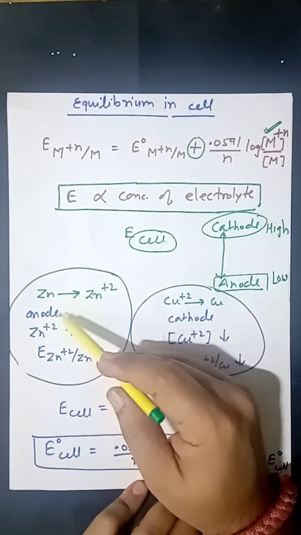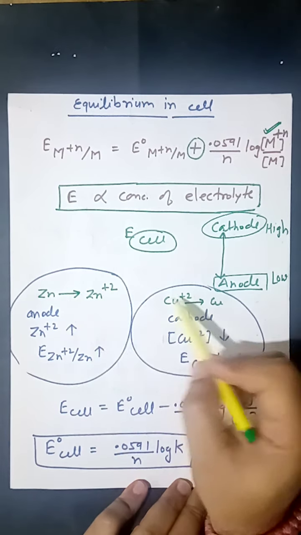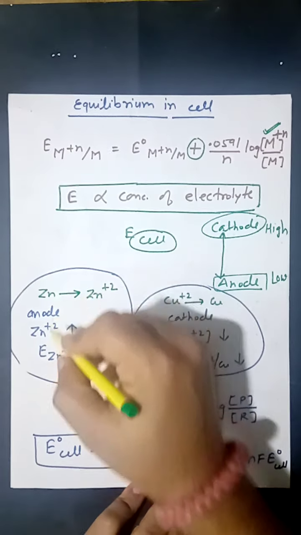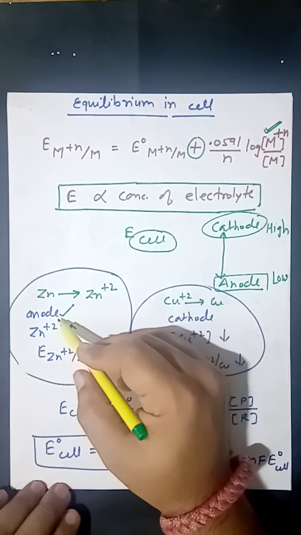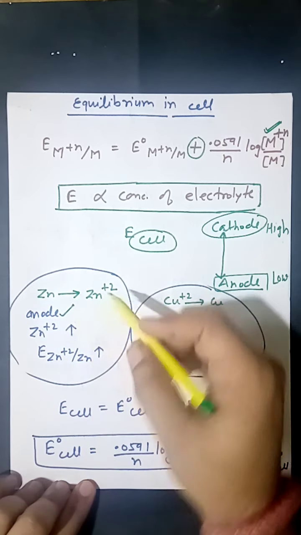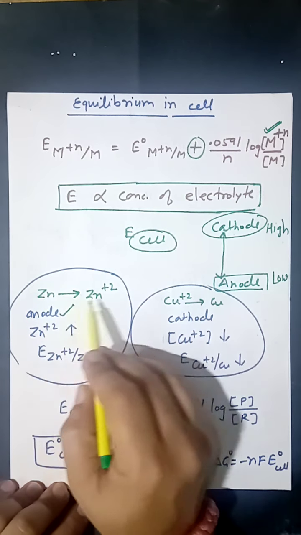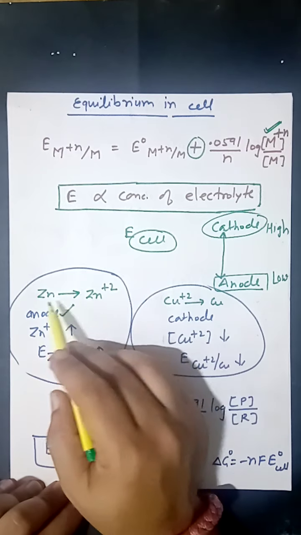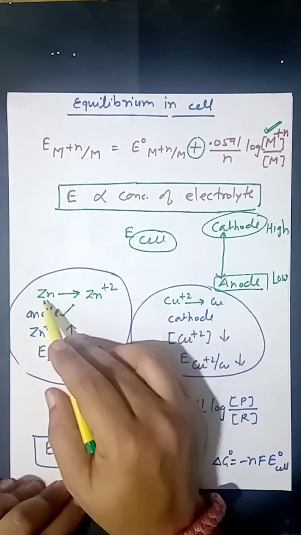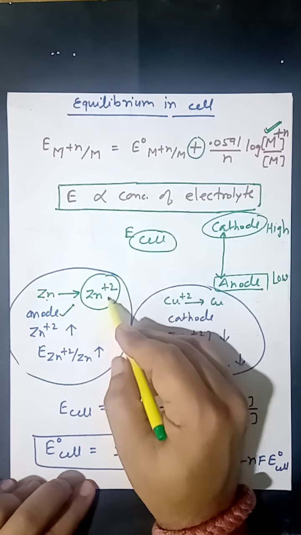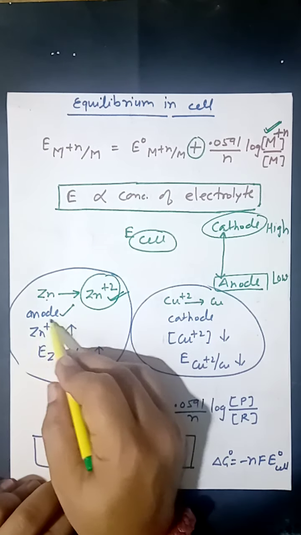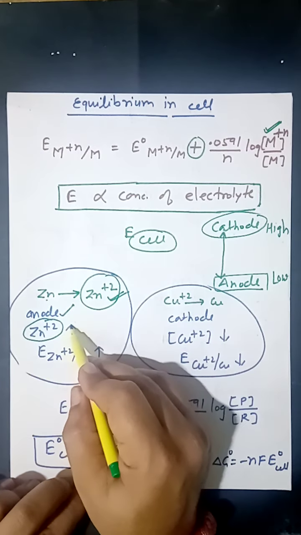Now one of the common examples of a cell is the zinc copper cell, in which we know that zinc always acts as anode. Anode means it is oxidized. Oxidized means the reaction is Zn converting into Zn2 plus. Now when the reaction proceeds, zinc converts into zinc ion, so you can see here, this is the product. It means the concentration of zinc ion continuously increases.